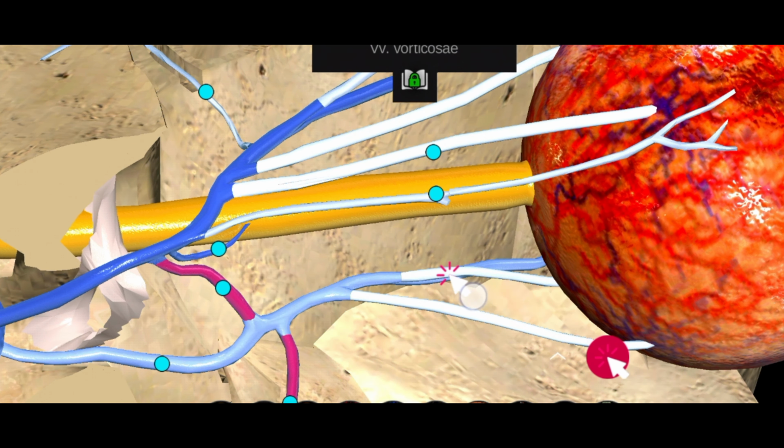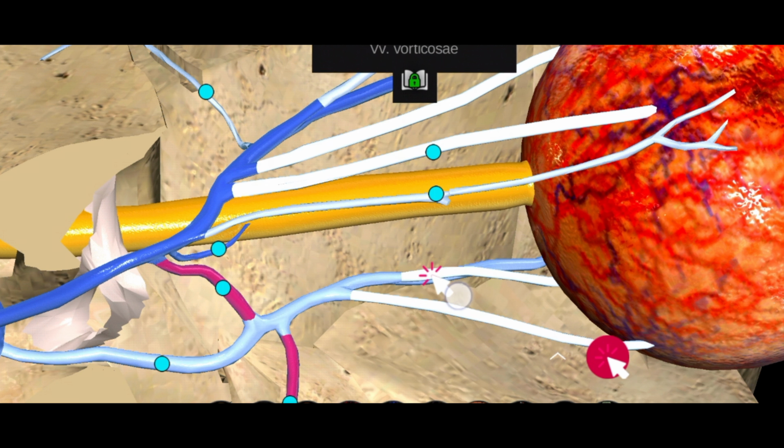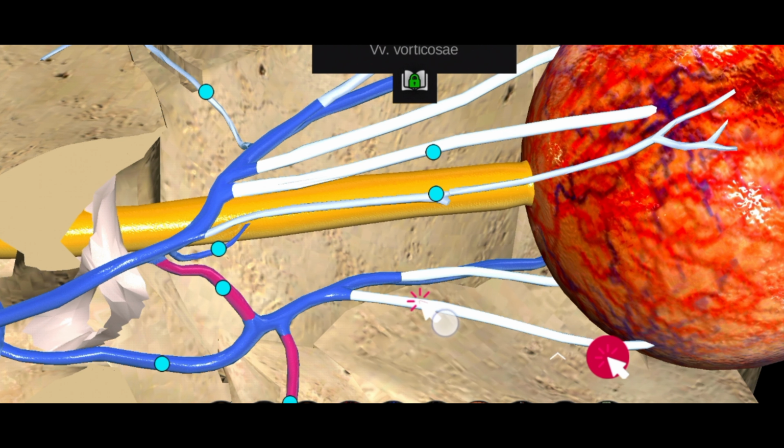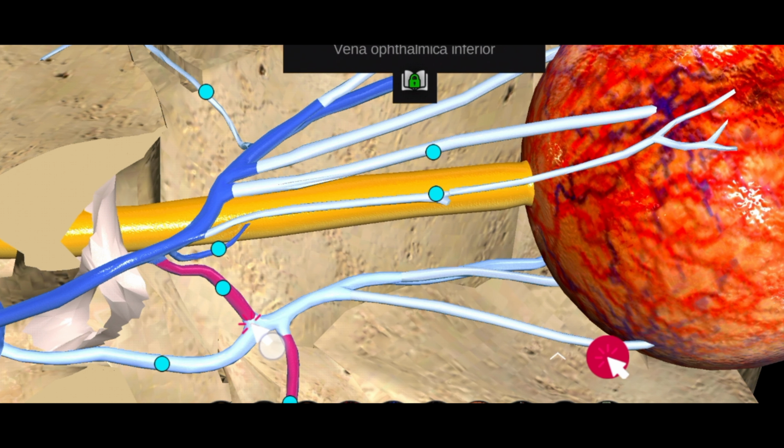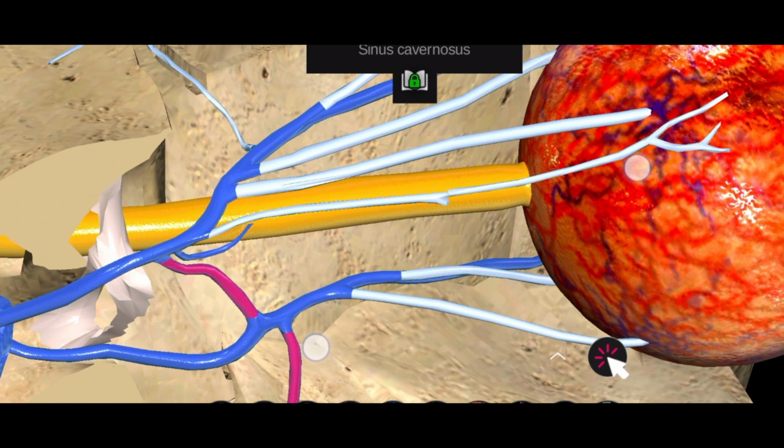Now here you can see these also give branches to the vortex veins. All the blood from the choroid layer of the eyeball comes through the vortex veins and ultimately to the ophthalmic vein, which carries the blood to the cavernous sinus.